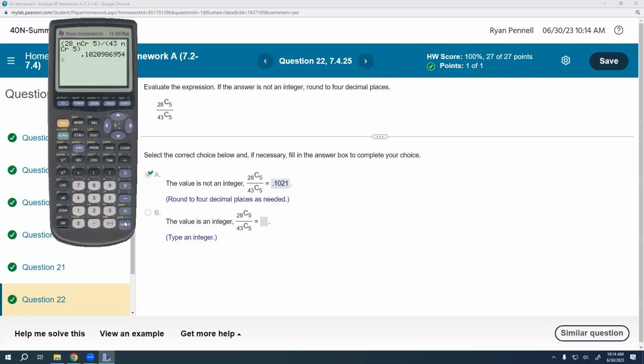There it is. Approximately equals 0.102, and they want 4 decimal places, so that would make that a 1. Fairly easy. I mean, it's easy to put in a calculator if you know what to do. By hand, it might be a little bit more challenging.